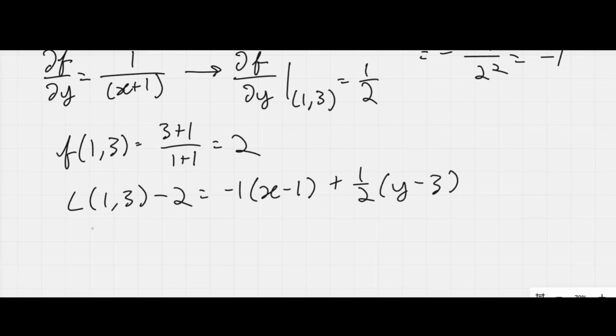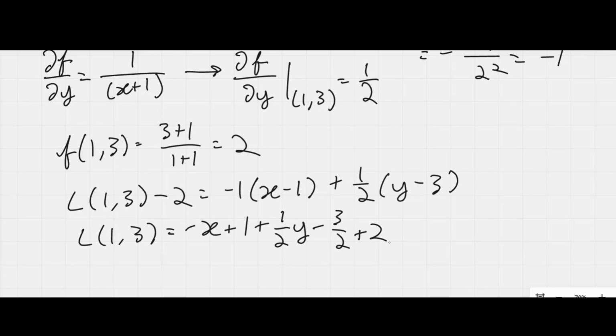And now we can simplify this. So the linearization at the point (1, 3) is going to be equal to negative x plus 1 plus 1/2 y minus 3 over 2 plus 2. So that is essentially the linearization.